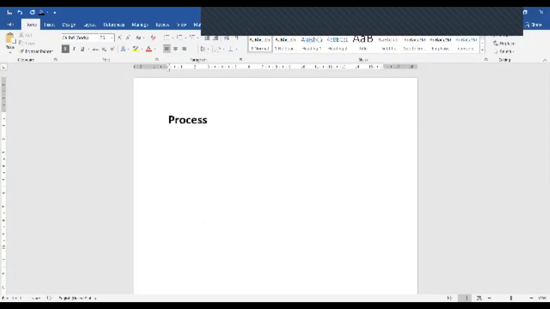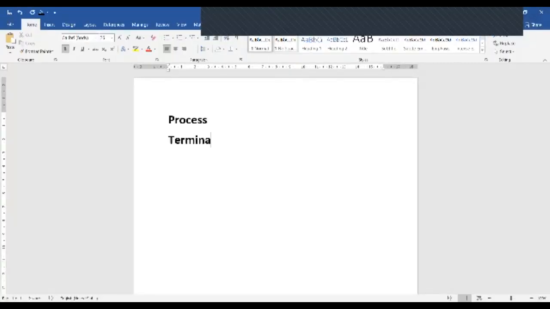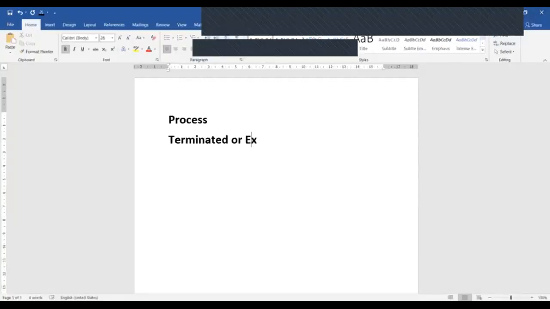So we have discussed start, ready, running, and waiting state. Today we will discuss one more state, that is terminated or exit.